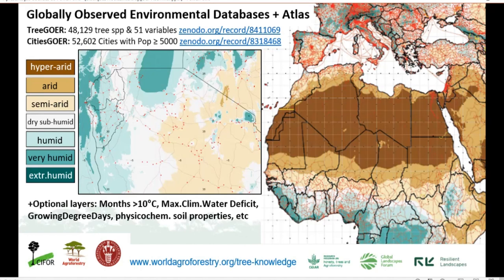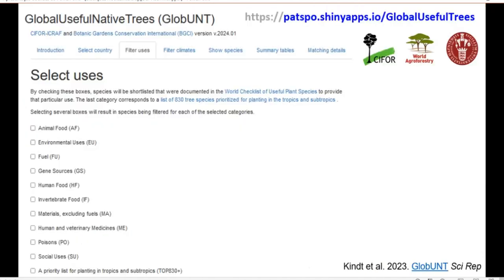positions on the globe or in our country, we can then see which species are well adapted to this climate, either current or future. Now, as a second step, we can select what our local community needs in terms of timber, fuel, forage, human food, medicines, or other uses.